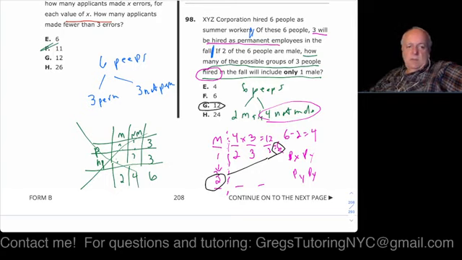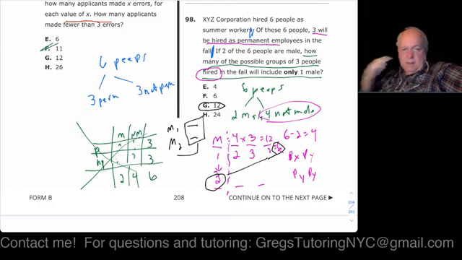So basically, we have male number 1, and then the other people, and then male number 2, and then the other people, and the other people is the same sets really, right? So that's why we have the 6. We can get the combo of the 6, and then just multiply it by each male, the 6 plus 6, if you will. So that's another way to look at this problem as well.